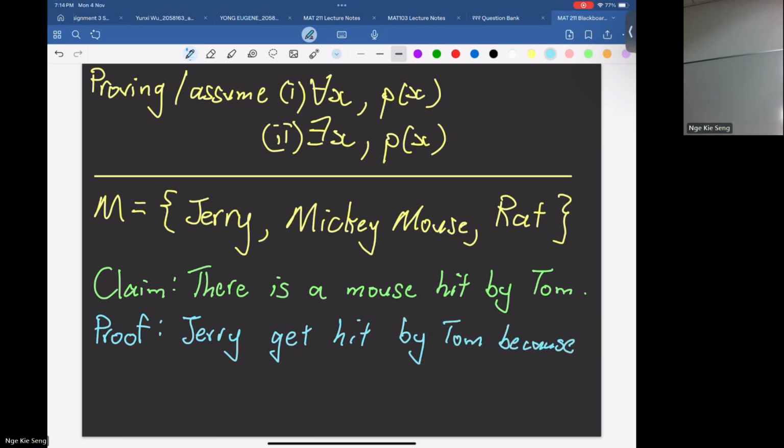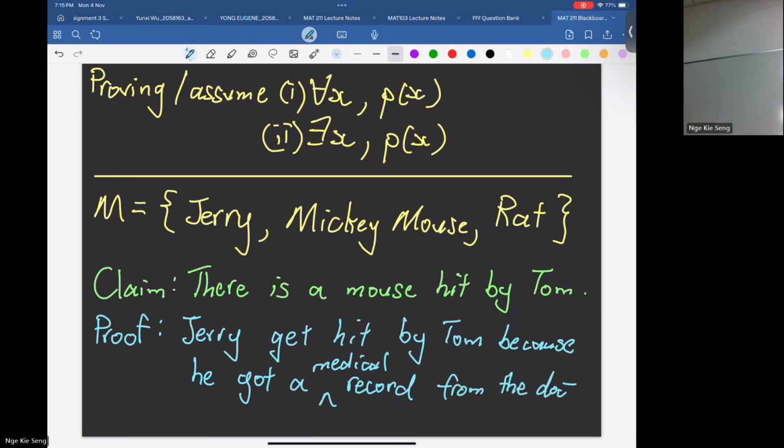Because he got a record. What kind of record? Medical record from the doctor.